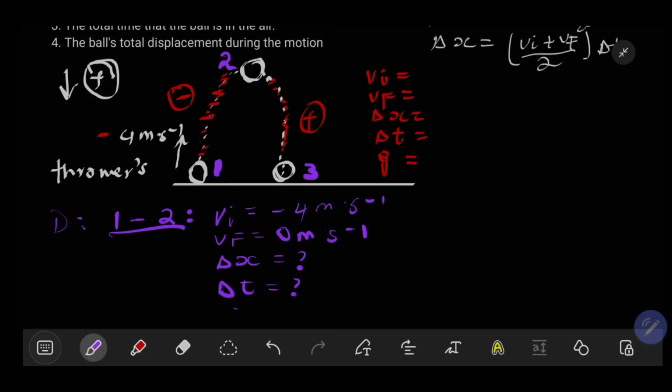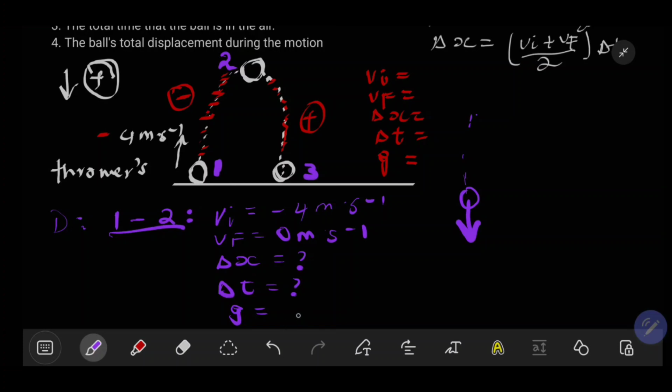And then our gravitational acceleration in this case, one thing you should remember is that whether the ball is going upward, the only force acting on it is gravitational acceleration. So the gravitational acceleration will forever pull the ball downward.